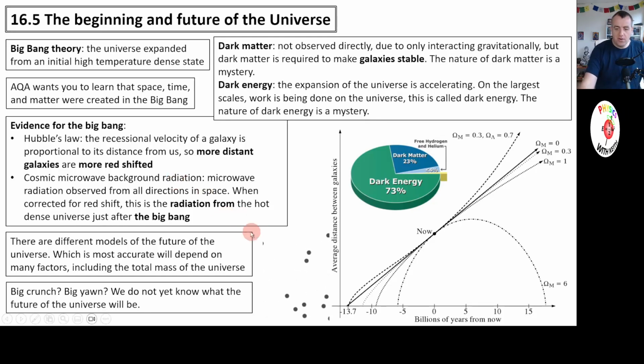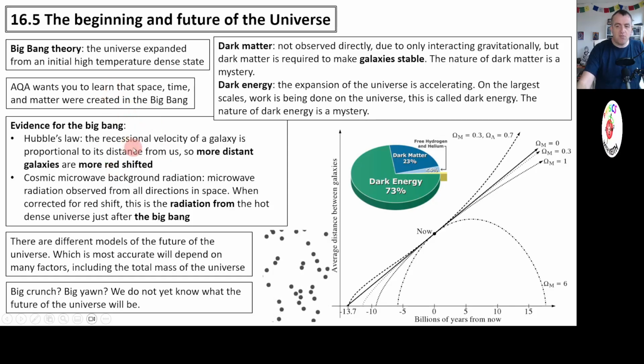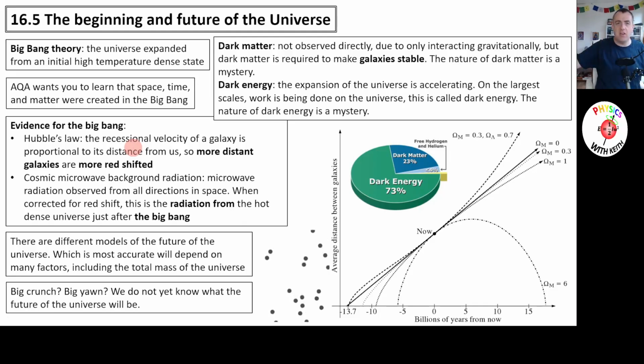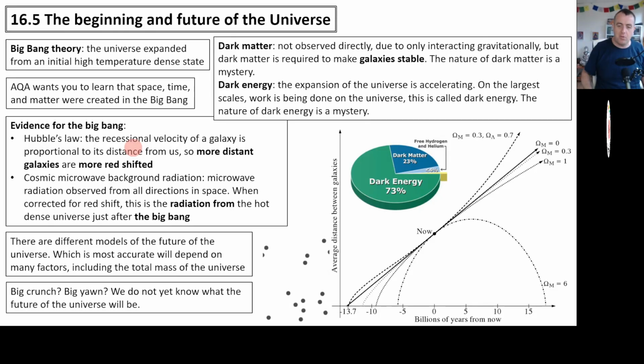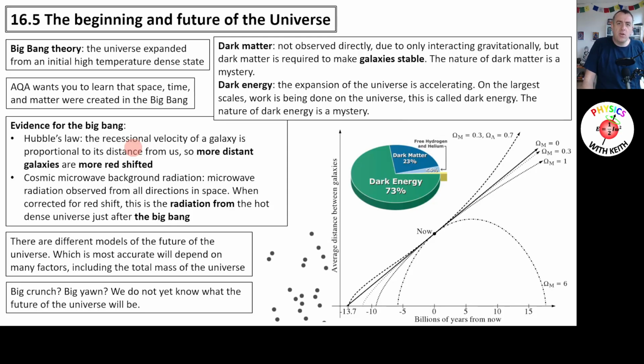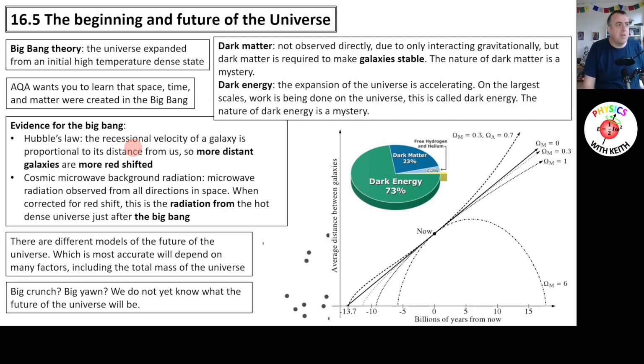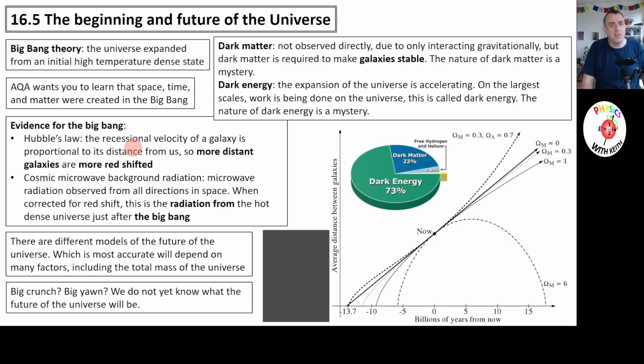There are different models of the future. So that's the past, and we're pretty much settled on the past. Some really interesting physics happened. It didn't expand uniformly. There's a lot you can look up on this. The cause of the Big Bang is very, very difficult to describe. As matter gets more dense, we have to describe time as slowing down. So is there a starting point?